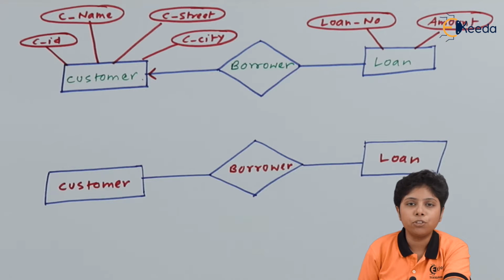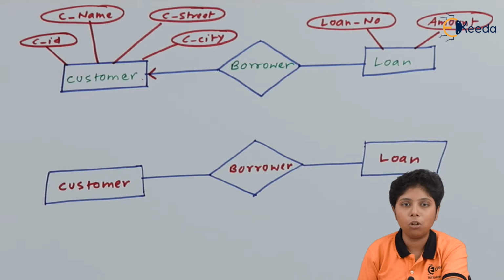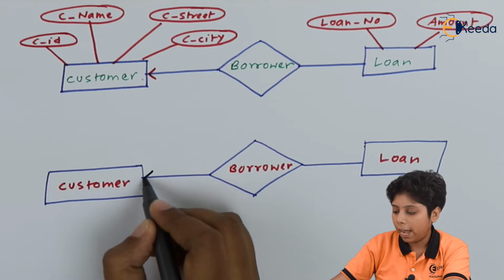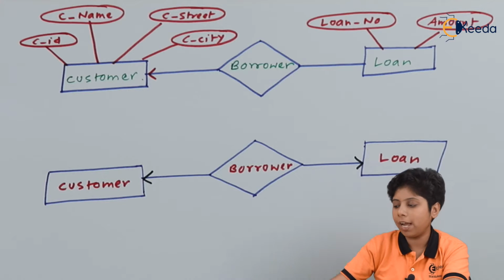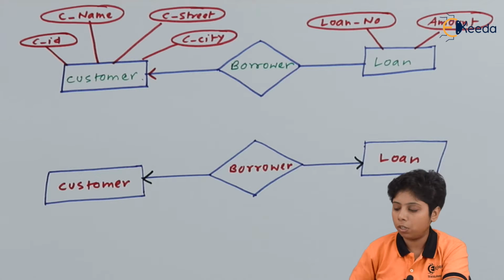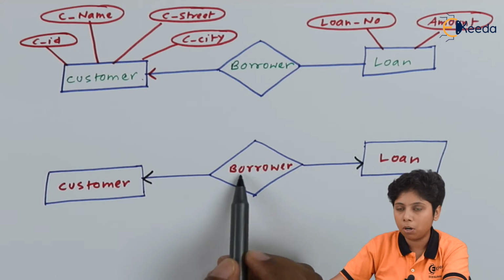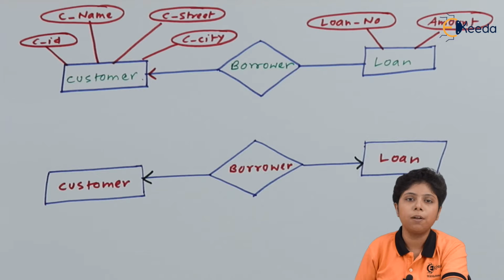If I want to draw that a single customer can have only a single loan from a bank, then we need to define the one-to-one relationship between them. So we can put the arrow on this one as well as this one. That means there is only one customer to the borrower and one loan to the borrower or that particular customer.